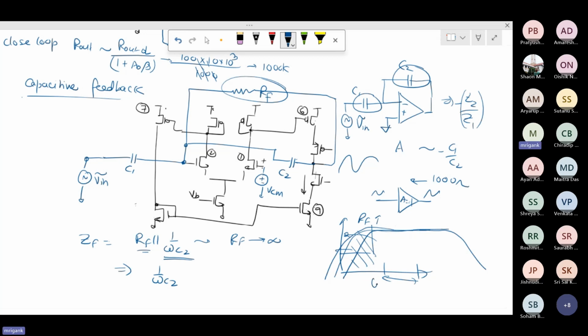So there will be an omega high pass and there is omega 3 dB for the low pass. Omega high pass will be decided by the RF value. The higher the RF value, the lower will be your omega high pass.